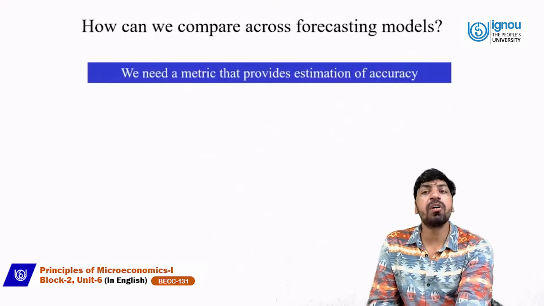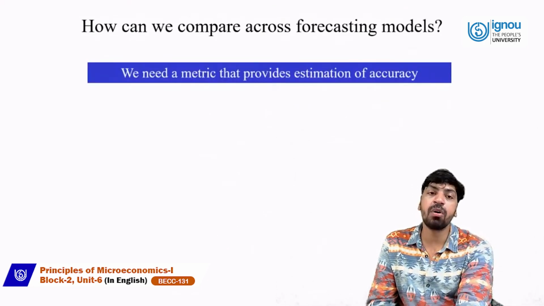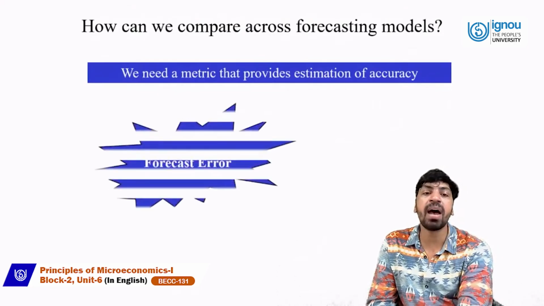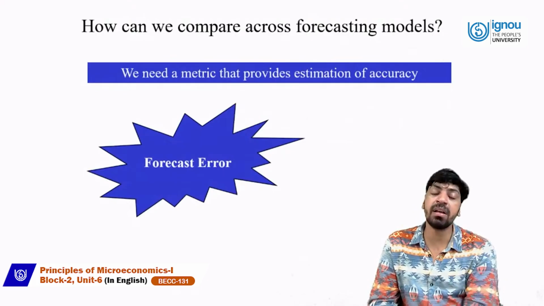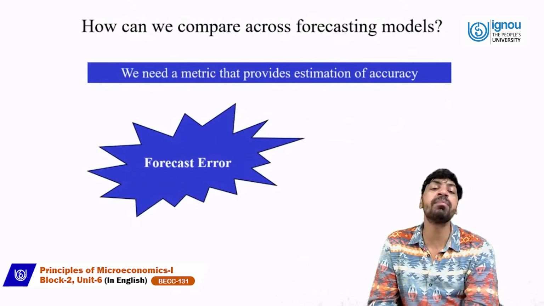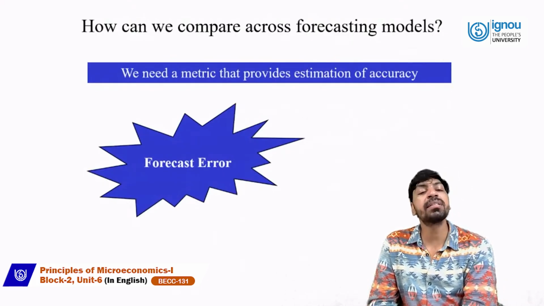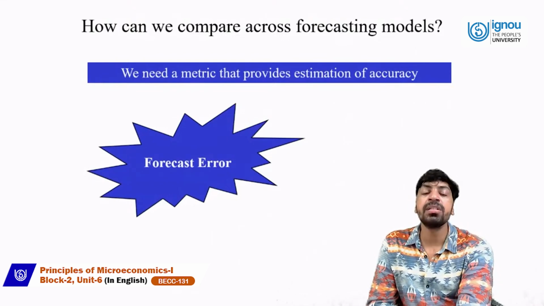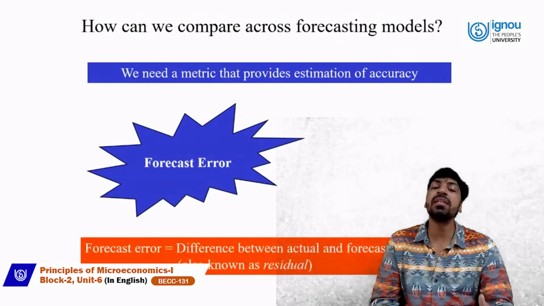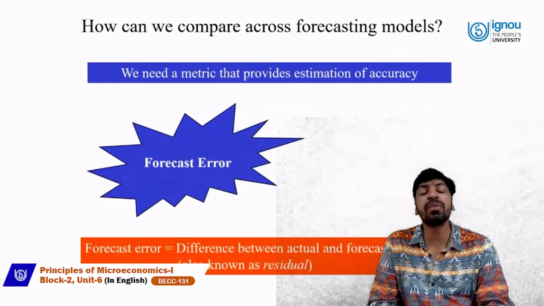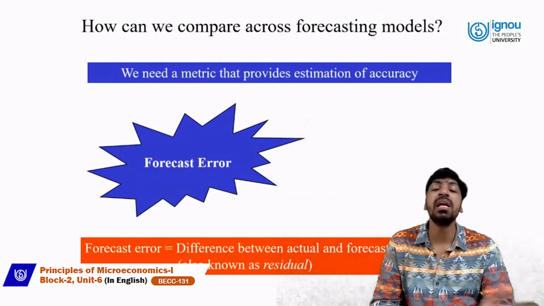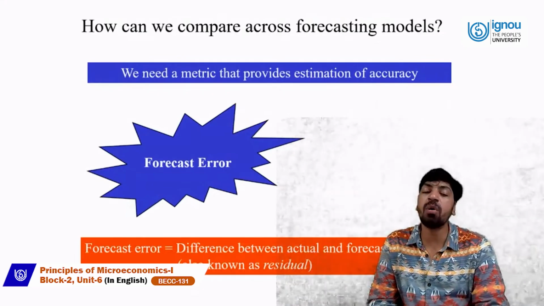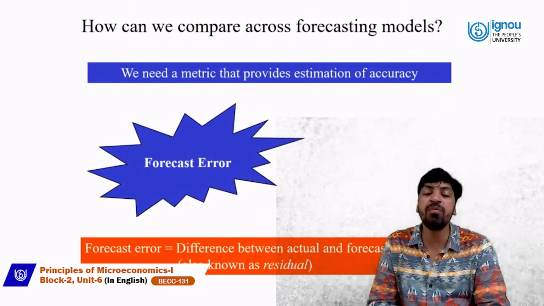How do we compare the forecasting models? We need a metric that provides an estimation of accuracy. Obviously every method involves some sort of error, and that's called the forecast error. There is a formula to calculate the forecast error: the difference between the actual and the forecasted value, which is called the residual value.